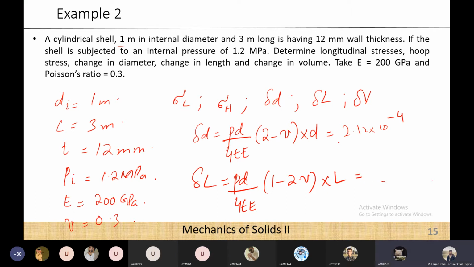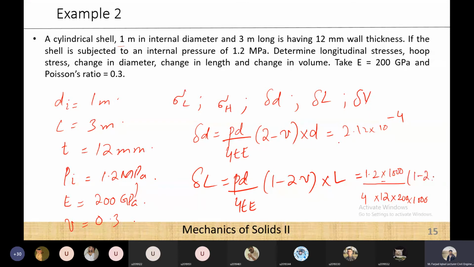For change in length, let me write the expression. That will be 1.2 is the pressure, the diameter is 1000 millimeter, then the thickness is 12 mm, modulus of elasticity is 200, but since it is in gigapascal, let's multiply it with 1000 to have the same unit as the pressure, so they will cancel out.